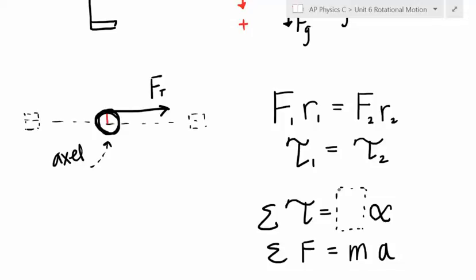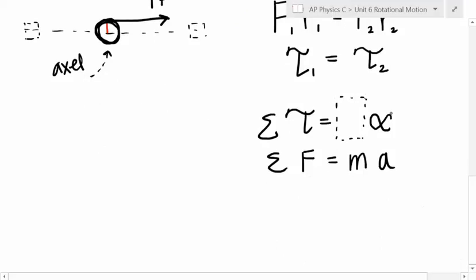So alpha is proportional to torque, and alpha is proportional to 1 over r squared. So there's this r squared business in here. And if we had experimented with different masses, we all had the same little masses there, then this would be like the mass of the object.